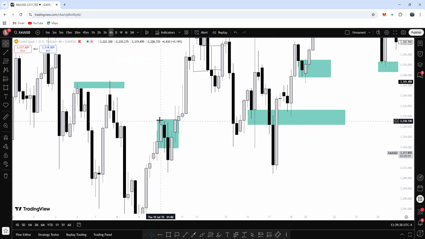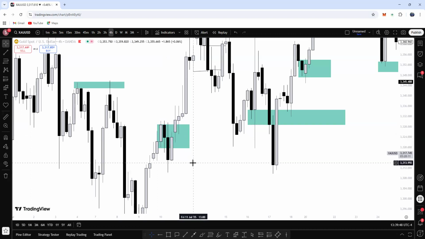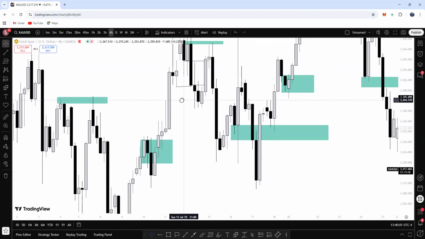This black candle engulfed this previous candle. But our expectation was for markets to continue this down movement here. But what happened? Market did something different. Close above it, then comes down to that level, then continues its upward movement.